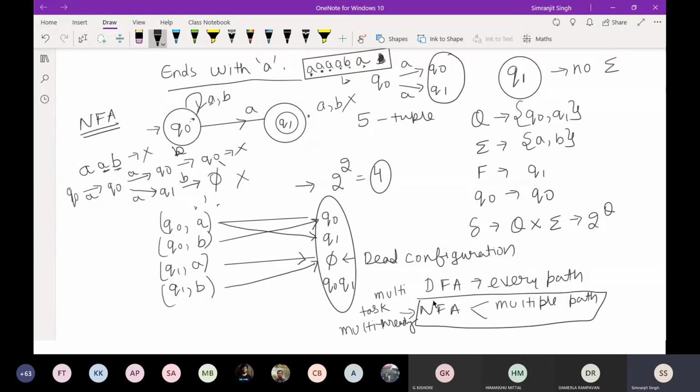It can take different paths on the same input. If you have studied AI, and I think you are studying it in this semester, you will find something called search algorithms. What do search algorithms do? They again take different paths on the same input.